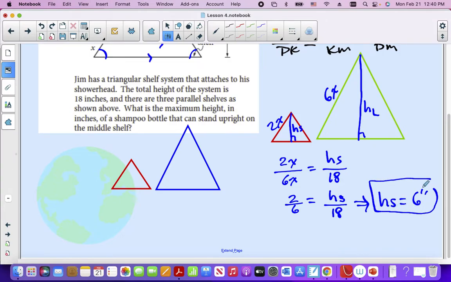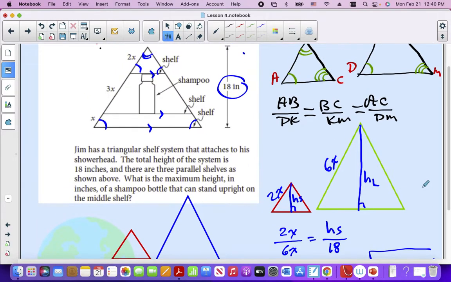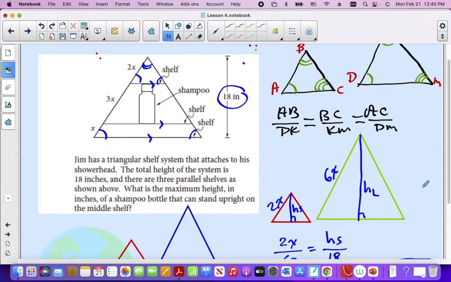So the height of the small triangle is 6, and remember that they want the height of the shampoo bottle. The height of the shampoo bottle is really the height of the medium triangle, the middle one, minus the height of the small. The small we already established is 6.